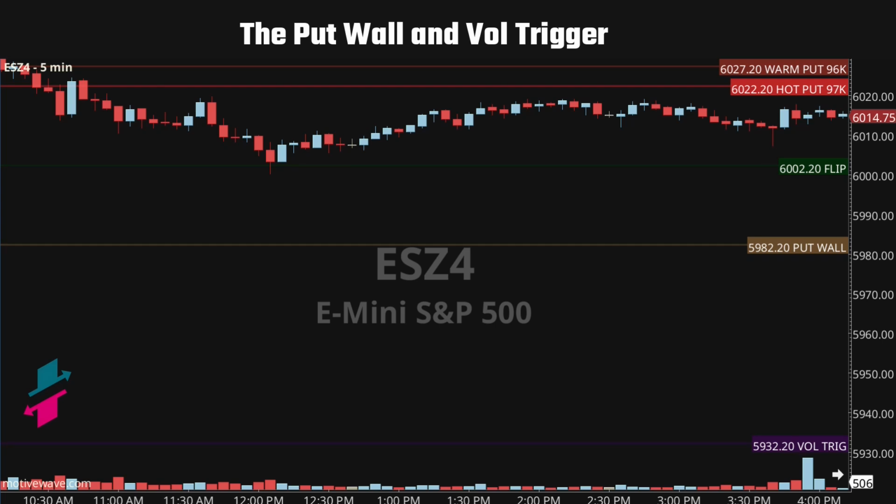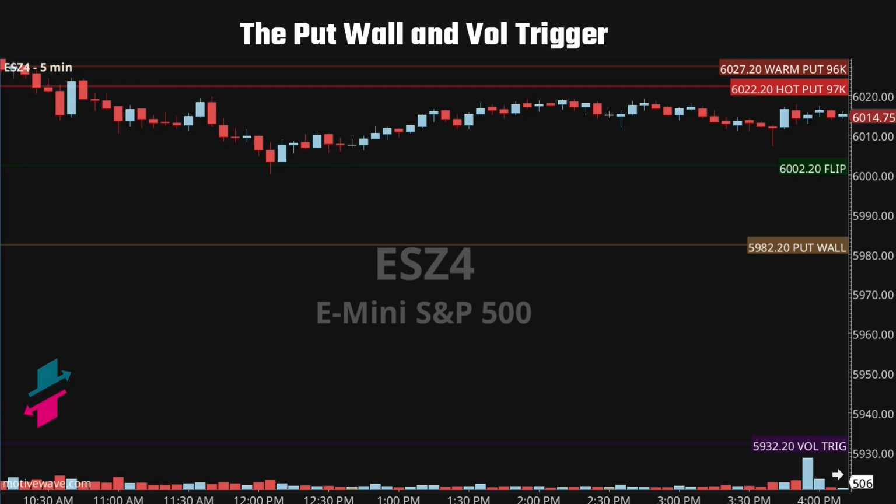And there's one other area I also wanted to quickly touch on, which is the put wall. So the put wall and the call wall, these are the largest areas of net exposure. So rather than gross or on both sides of the chain like the vol trigger, the put wall and the call wall are about where there's the largest area of, say, put exposure, which on this chart would be 5982.20 in ES terms, and then the call wall is quite a bit higher. Now, why are these important? Because they tend to be meaningful levels of support.